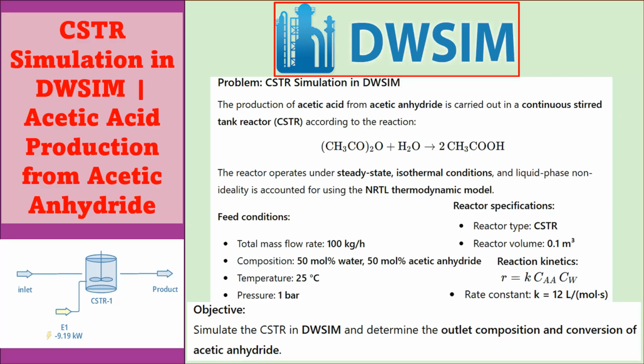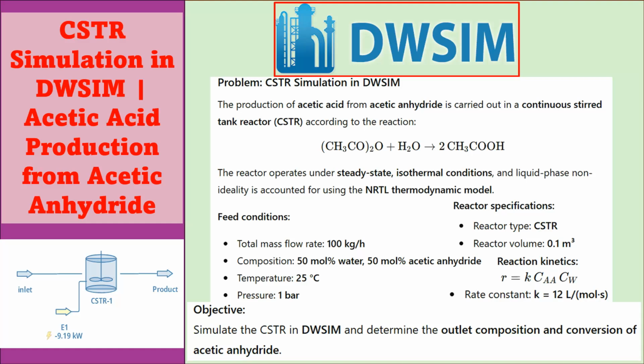The feed stream enters the reactor at a mass flow rate of 100 kg per hour with an equimolar mole fraction of water and acetic anhydride at 25 degrees Celsius and 1 bar pressure. The CSTR has a volume of 0.1 cubic meters and the reaction follows a concentration based kinetic rate law.